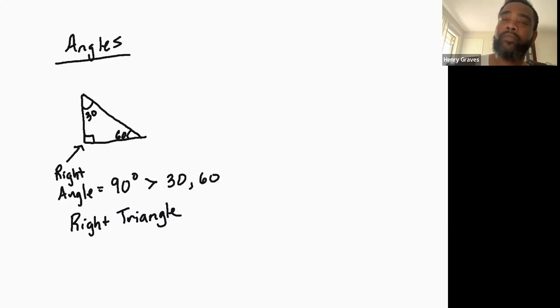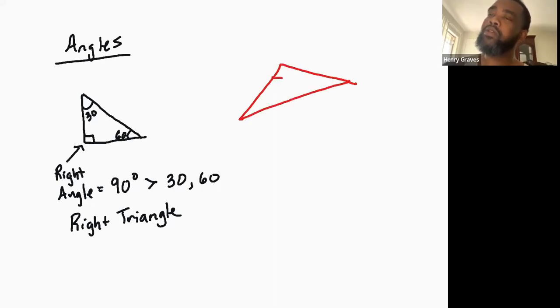Let me do another type of triangle. Like this. Let's say this here is 120 degrees. So that makes these two angles 30 degrees each, because remember, all triangles add up to 180.